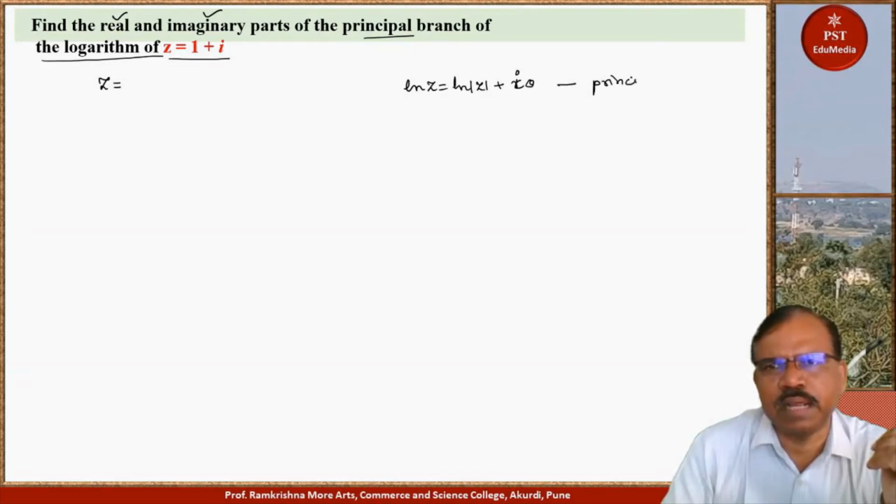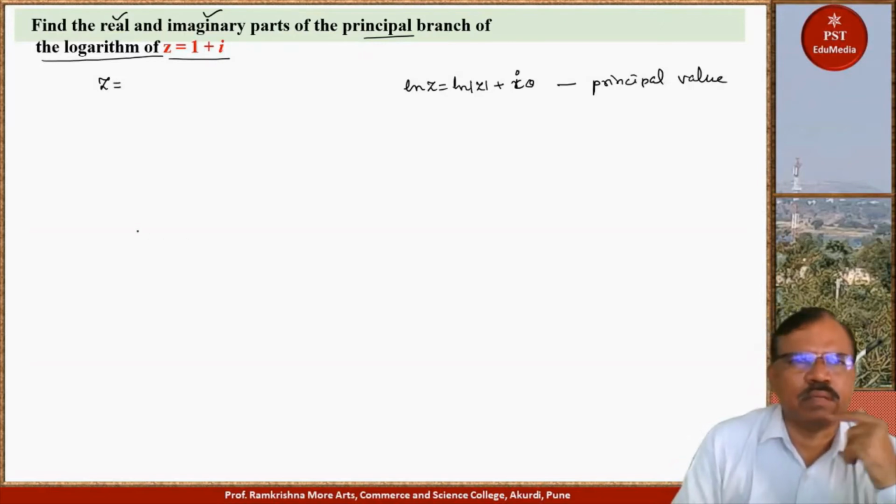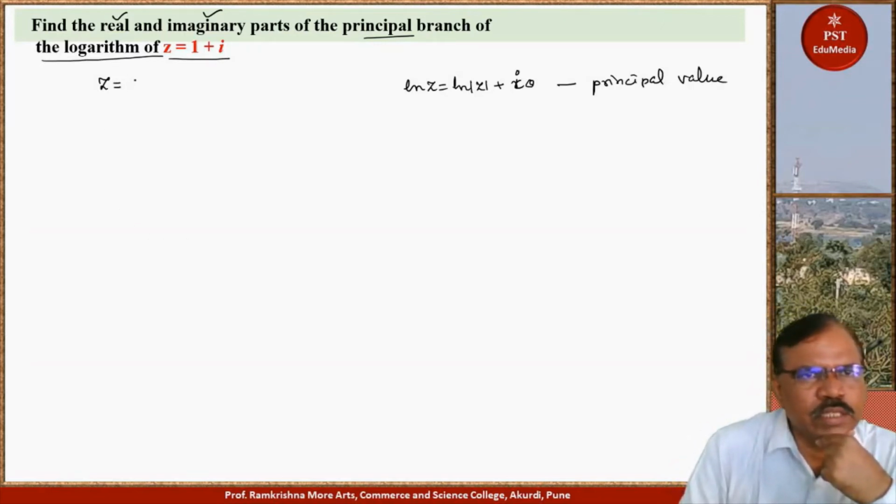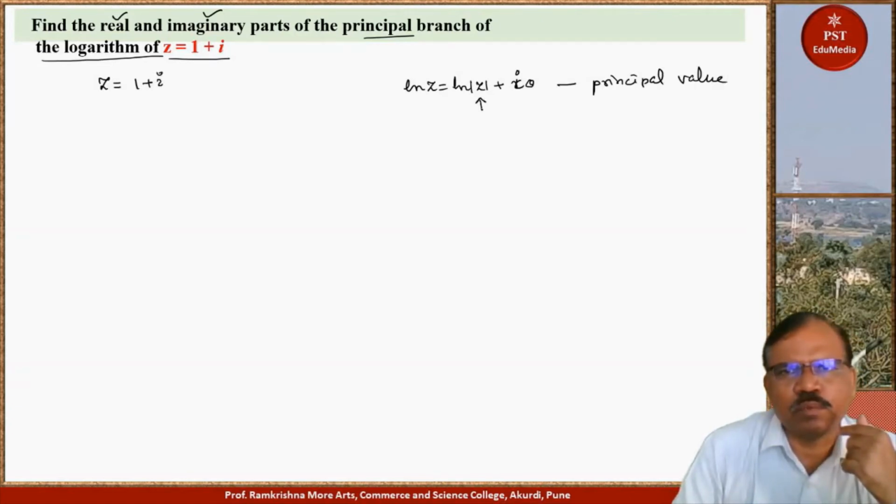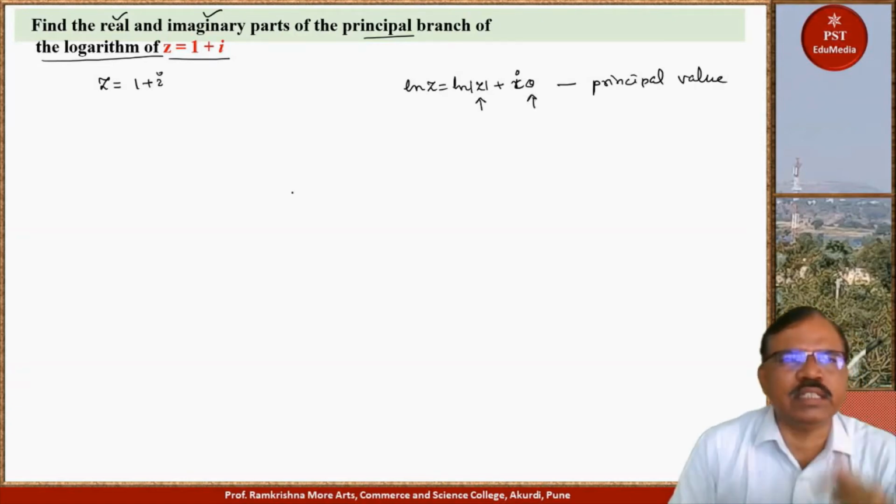This is the principal branch, or principal value. Now z is equal to 1 plus i. We have to find the modulus of z and the argument theta.